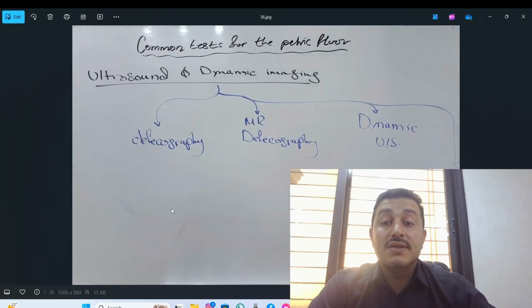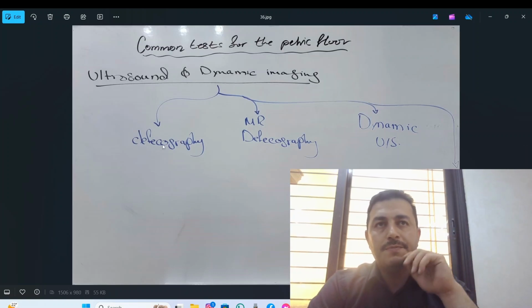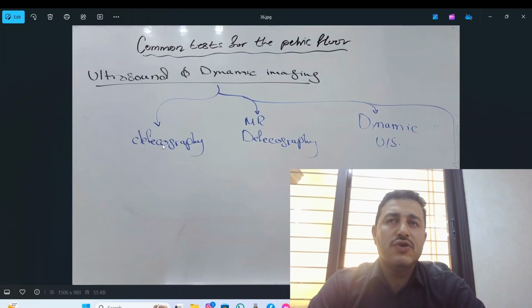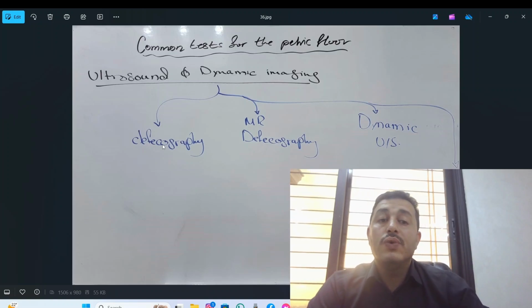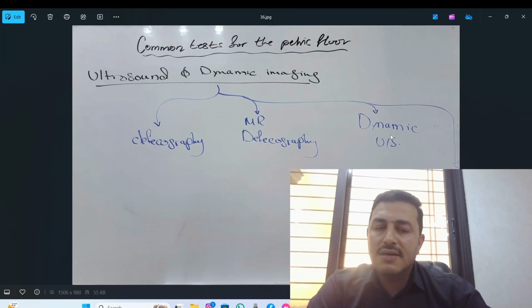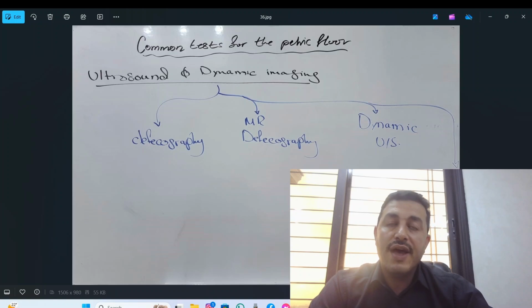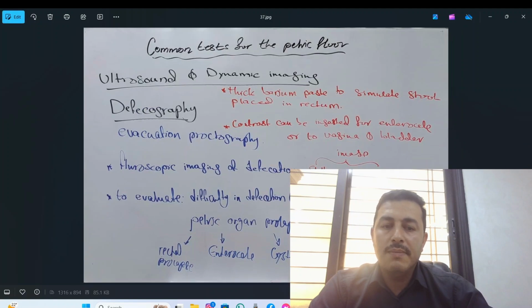In this case, we start to talk about defecography. We have different types of defecography: evacuation defecography, MR defecography, the dynamic ultrasound, and the echo defecography. This is when we talk about dynamic imaging.